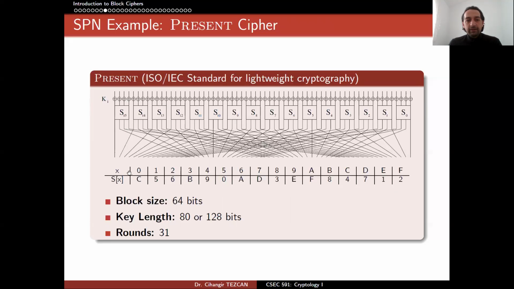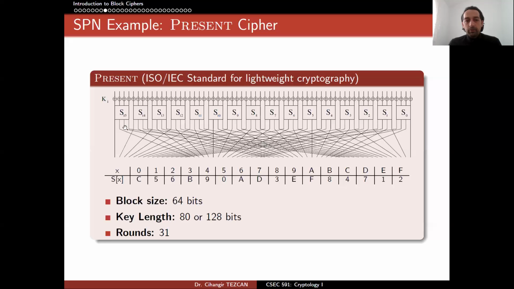In hexadecimal notation, for instance, if all of the 4 bits are 0, in hexadecimal it is 0, and it says that the output is C. C is actually 12 if you turn it into an integer. And if you assume that the rightmost bit is the least significant bit, and it is the case for this cipher, C in binary notation is 1, 1, 0, 0. So if you put all zeros as the input, you will get 1, 1, 0, 0.